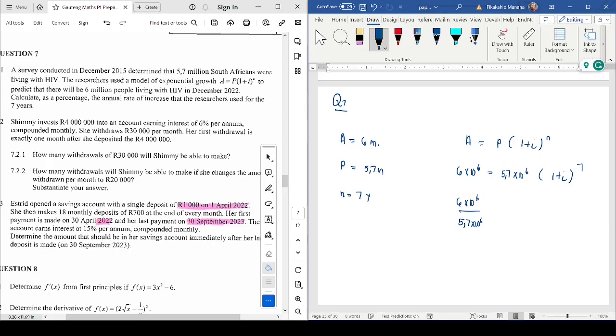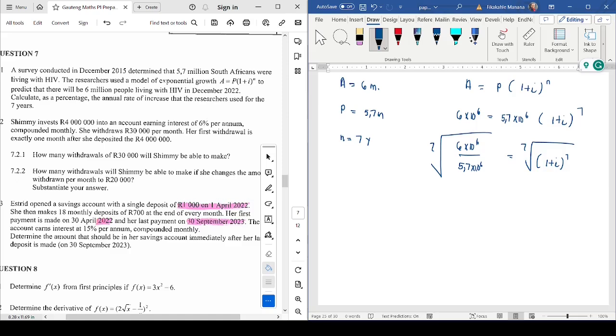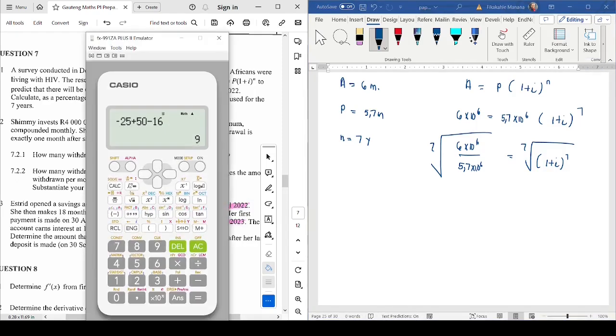We're going to take the 7th root on both sides to get rid of the exponent on the right hand side. What do we get on the left hand side? Let's use our calculator. The 10 to the power 6 cancels out, so we really have 6 divided by 5.7, which is equal to 1.00735.